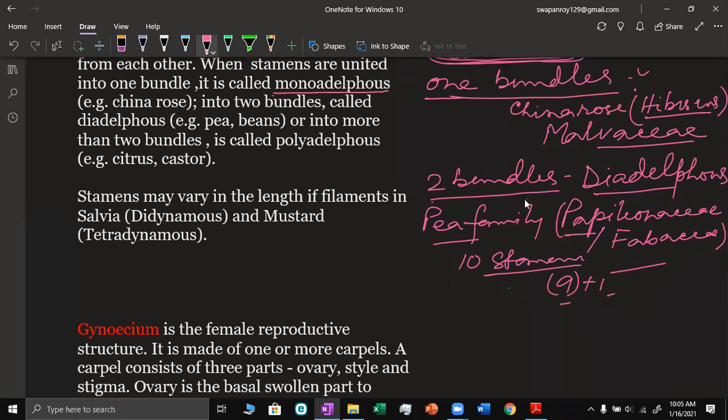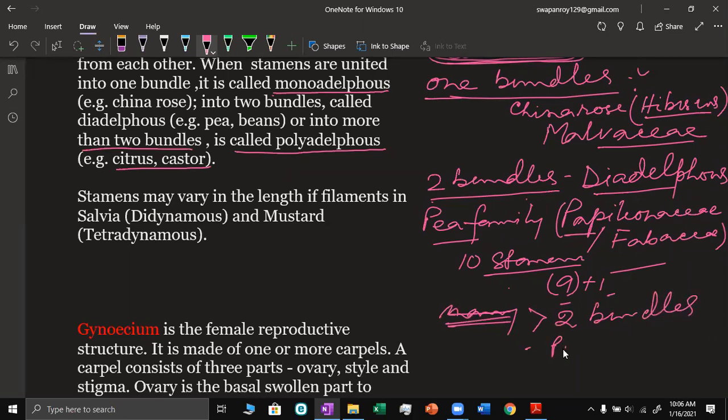So this is the Diadelphus condition. And when the stamens are united into more than two bundles, that is called the Polyadelphus condition. It is found in citrus, castor. So there are many bundles, more than two, greater than two bundles.